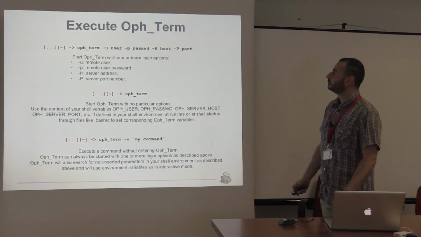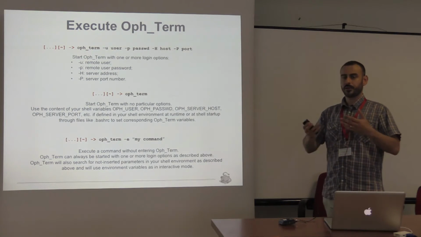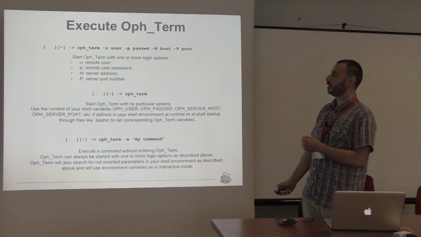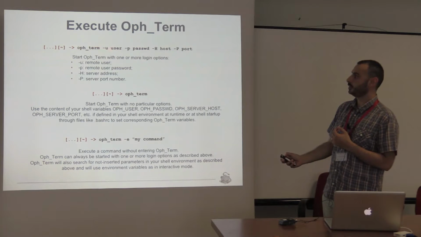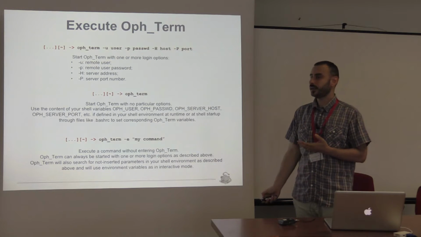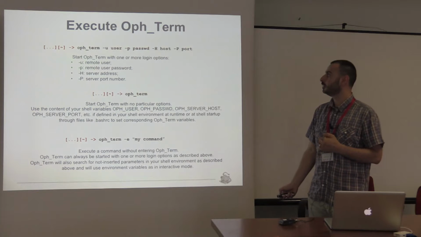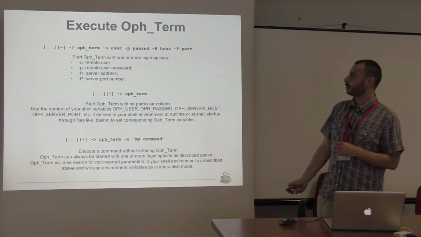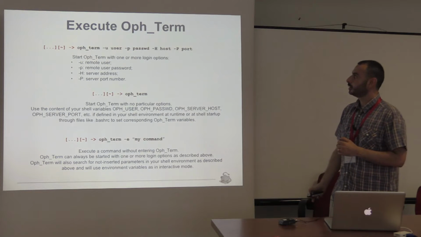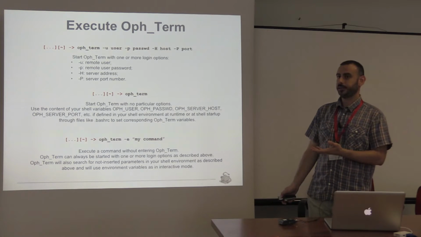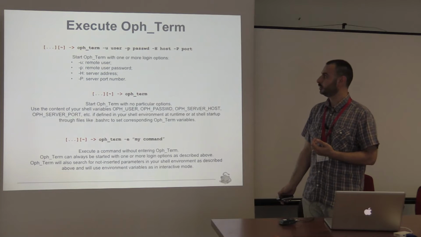If you want to enter the Ophidia terminal, you have to use this statement: phterm -u with your username, -p with your password, -H with your server host IP, -P with the related port to connect to.